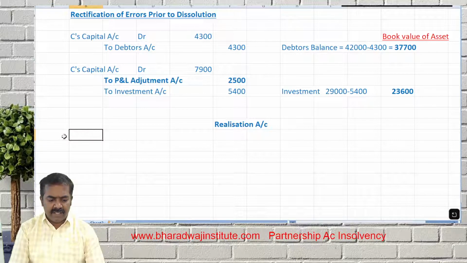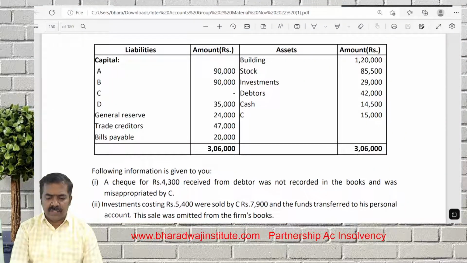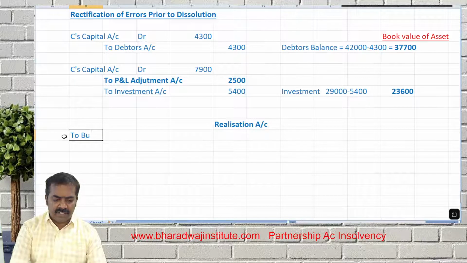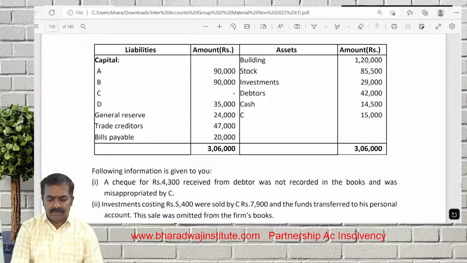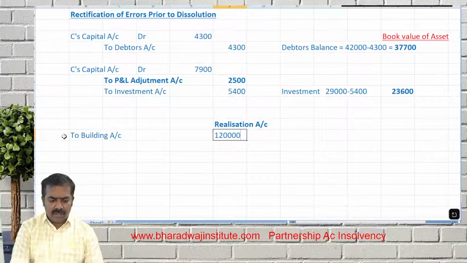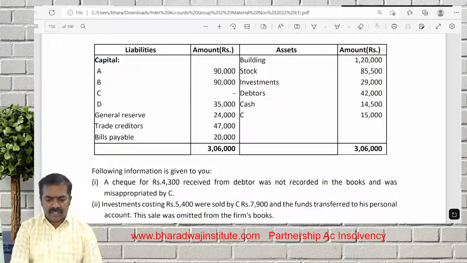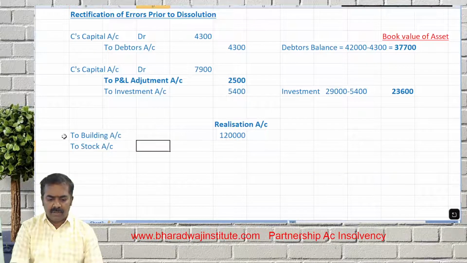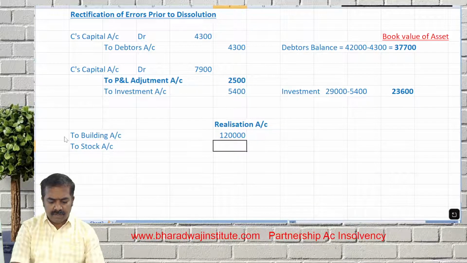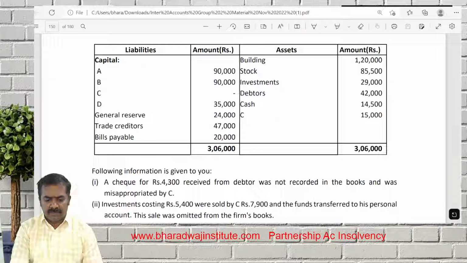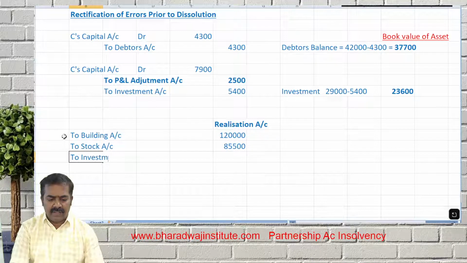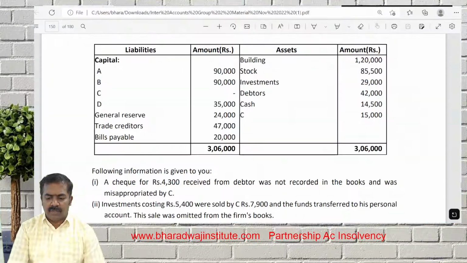Let us not put sundry assets. Let us transfer assets individually. Building account, what is the book value? 1,20,000. What is the next one? Stock account, how much? 85,500. To investments will not be the book value. It will not be 29,000.